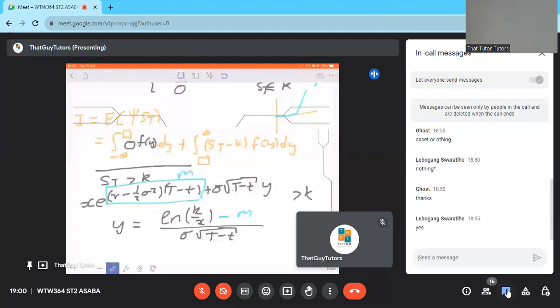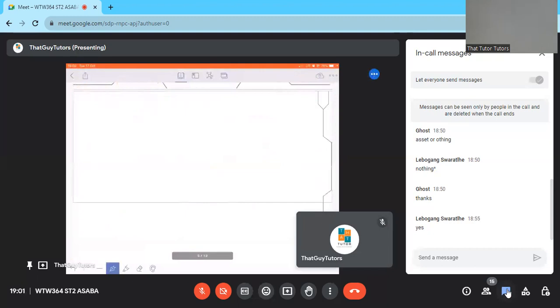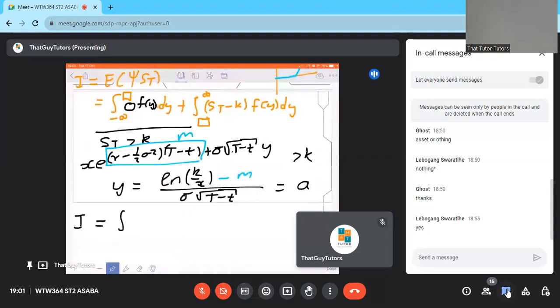So you are basically going to say your I is equal to the integral from, you can just call this part A, from A all the way to infinity of S_T minus K, and then f of y dy, right? So y is a standard normal distribution.